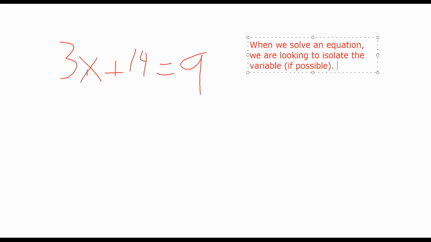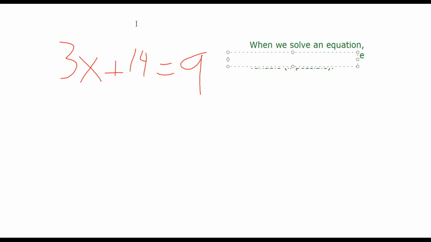So that's exactly what we are looking to do. The way we're going to do that is we're going to use several properties. So we want to isolate the variable. Our variable is clearly x. The way we can do that, Will, you might have seen this before, but what you can see is that we have plus 14 over there.